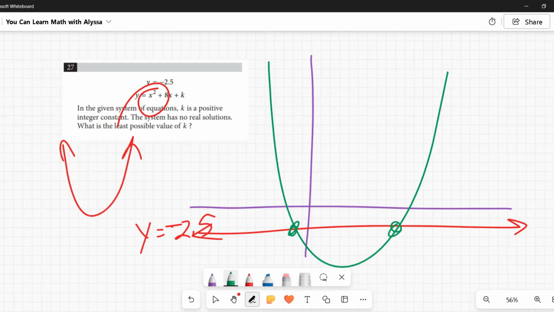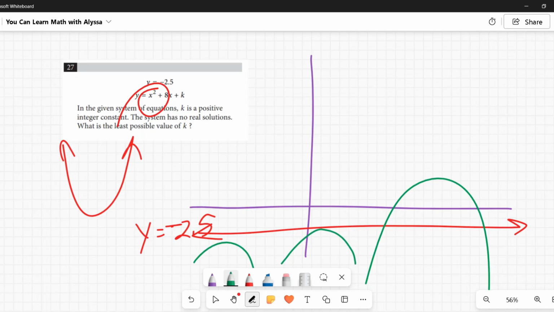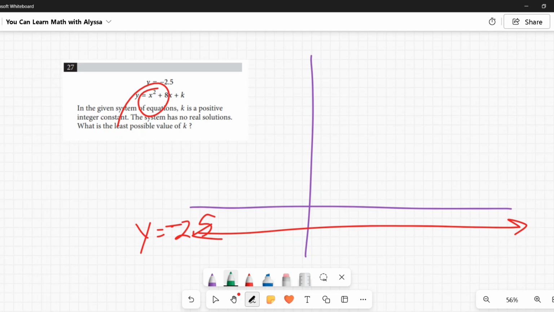There could be one solution, where it just touches it. Or there can be no solutions. This applies whether it's opening up or down. This one happens to be opening up. So I know it's somewhere up here. I'm just going to draw a little parabola.